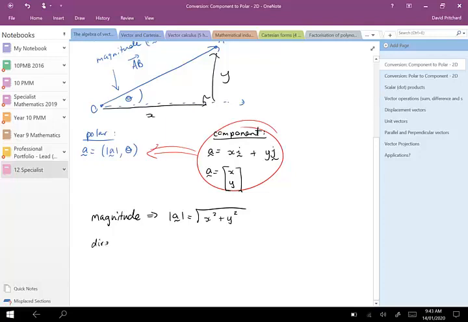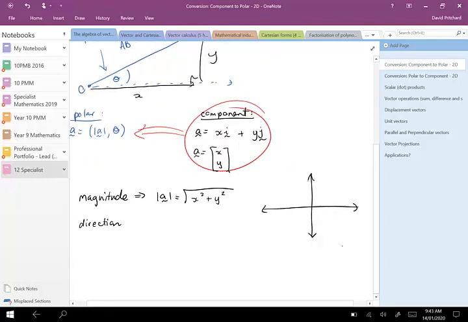The direction can be a little bit more complex because it is dependent on which quadrant it falls in. The domain for the direction will be between 0 and 360 degrees. And obviously, as it extends beyond 360 degrees, we'll get coterminal angles. So we always start 0 degrees from the right-hand x-axis, and then we rotate counterclockwise. So if we're in this quadrant, which we'll call quadrant 1, then the angle is whatever we calculate.